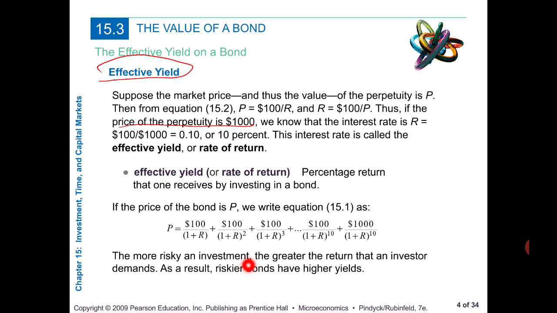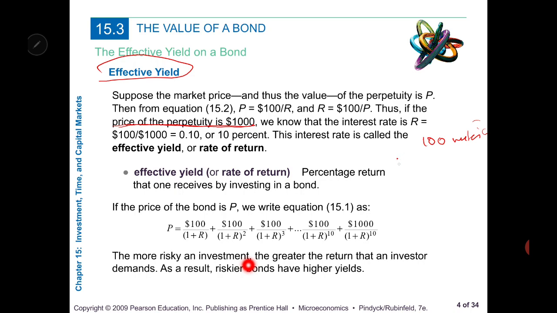Even if you don't know the interest rate, you have the price that you pay in the market, 1,000, and the bond promises to pay 100 interest per month.